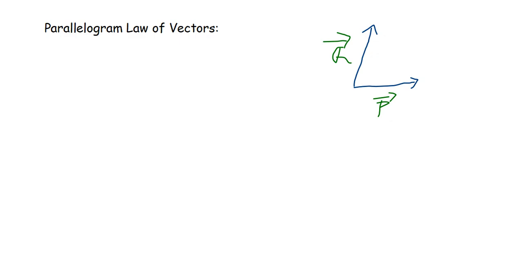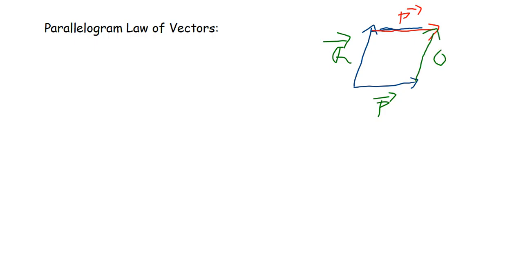So the vector parallel to P bar is also P bar. That means they are parallel to each other and in the same direction. So another vector parallel to Q bar.